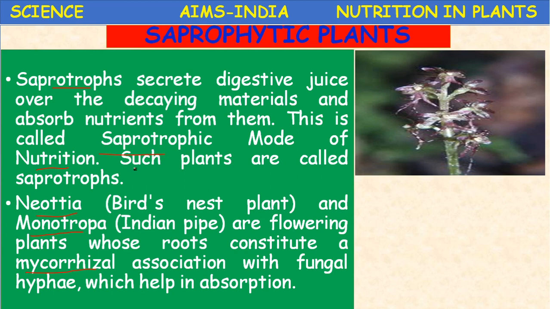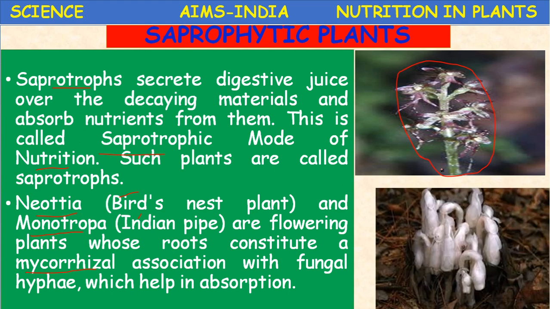Saprophytic plants. This is Neotia. It is a bird's nest plant because the plant appears to be like a bird's nest. Its root is associated with the mycorrhiza in absorption of nutrients.